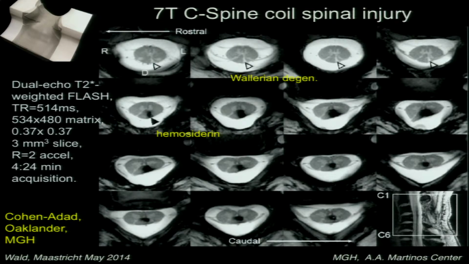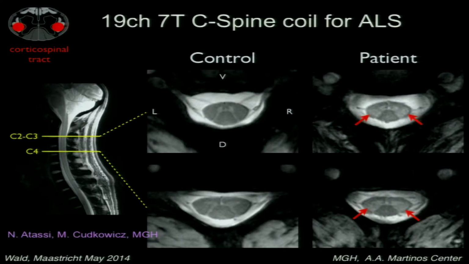This is a case of a spinal cord injury, which I guess is not so beautiful, showing various sorts of pathology like fibrillary degeneration, hemosiderin accumulation. This is a case of an ALS patient where the corticospinal tract has a bit of inflammation that shows up bright on this T2 star, just exactly a textbook match to where the corticospinal tract should be.